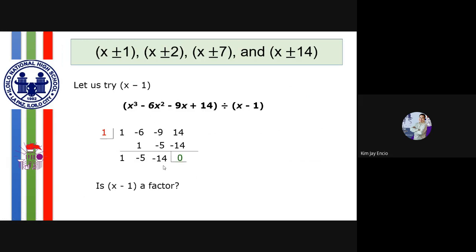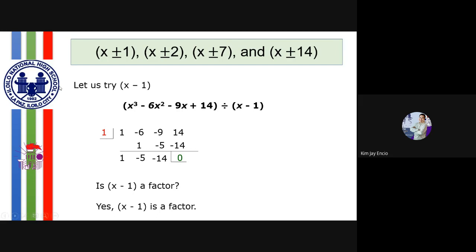And we might ask, is x minus 1 a factor? And the answer is yes, because the remainder here is 0. And so we could say that x minus 1 is a factor, or in fact, 1 is a root of our polynomial equation.